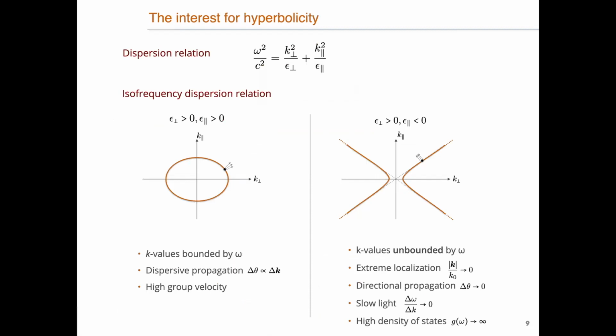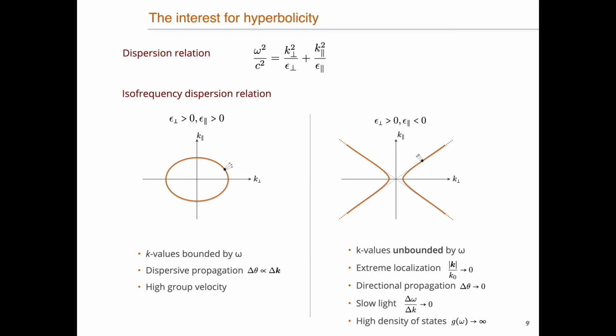Now I want to emphasize the interest of this hyperbolic dispersion relationship, because that's very important for understanding all the interests of phonon polaritons and many other types of polaritons as well. I presented this simple equation, and when both permittivities are positive, we get a propagation curve like this in k-space for a given frequency.